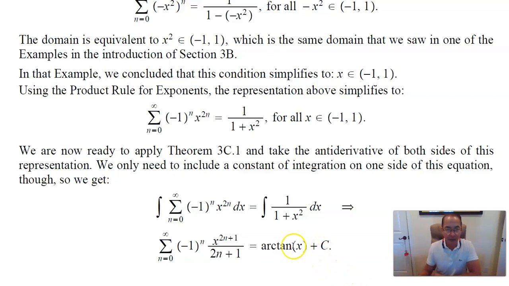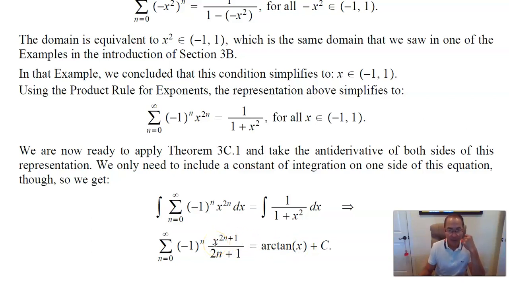Okay, very good looking. Now all we need is to solve for the plus c. What is the c? Again, you can plug in any number between minus 1 and 1. The best number, almost always, pick the center. Pick 0. Arctangent of 0 is 0 because tangent of 0 is 0. Remember that part.